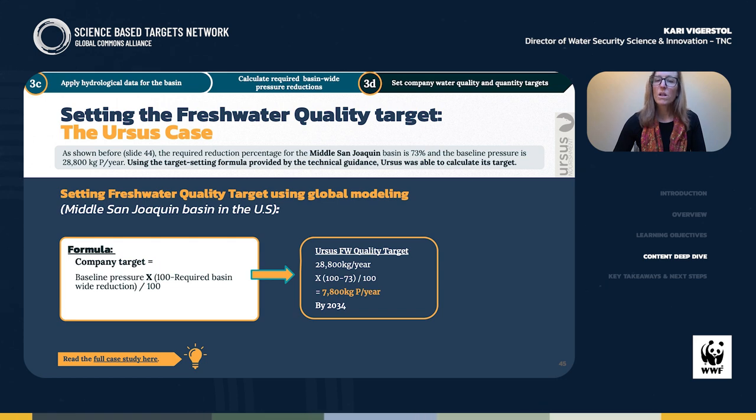Globally developed freshwater quality targets are specified on an annual basis, so the application of the Step 3 technical guidance indicates that URSIS's science-based target for freshwater quality, for a present-day pressure of 28,800 kilograms per year and a required reduction of 73%, results in a target of 7,800 kilograms of phosphorus per year. The URSIS team submitted 2034 as the target year, 10 years from submission.